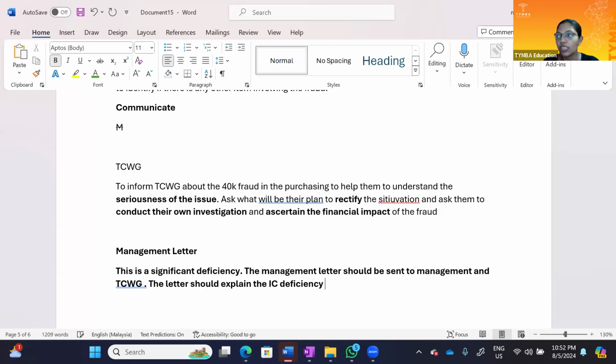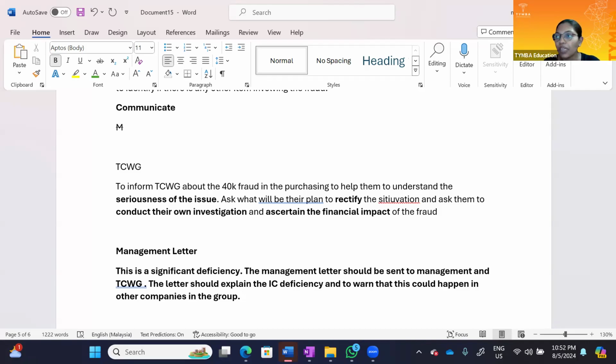It should also warn that this could happen in other companies in the group. Because this is a group of companies, probably the other subsidiaries will also have it.